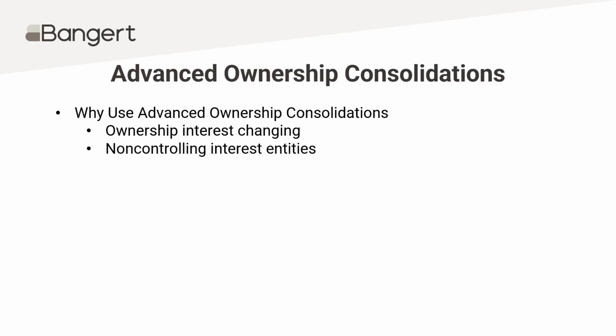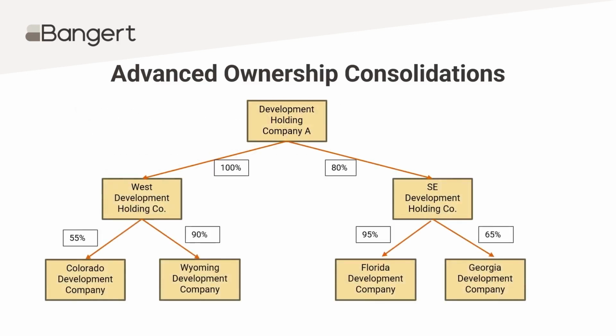If you've got non-controlling interest entities, and if you've got multiple levels, okay, of ownership. So if you've got a tier looking something like this, where you've got development holding company, you've got some different ownership interests at different levels. And even more than that, if you have the ownership interest changing and your partnerships and your owners changing as well throughout the year. So what does it look like in Intacct?